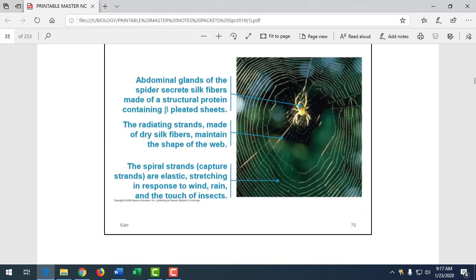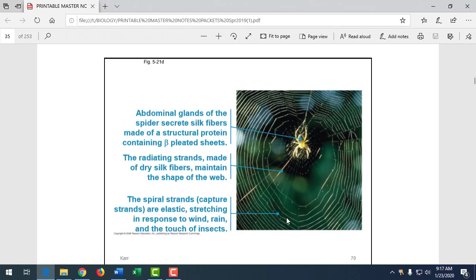So here are some cool examples of proteins, structural proteins. The silk fibers released by spiders making a spider web are a special structural protein. And the shape of these proteins is very unique. One specific shape of a protein is called the beta pleated sheet.